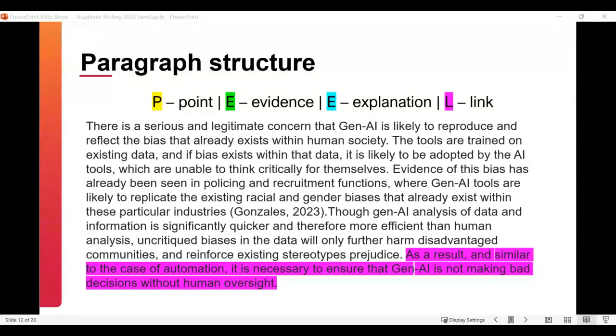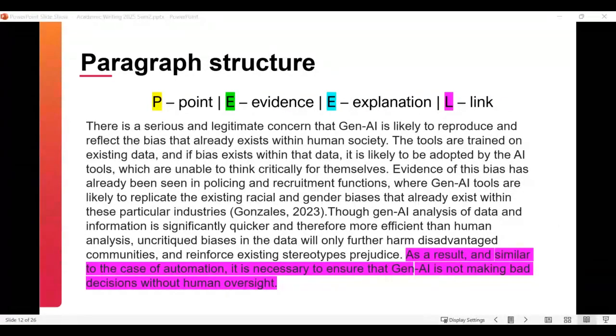We also had a question from Jennifer. Postgrad, do we need to give a reference with every paragraph? Look, Jennifer, it depends on the paragraph. If you have a paragraph where it's just you writing, it's just your ideas, then you don't need any reference. As soon as you take in ideas from someone else, then you need to reference.